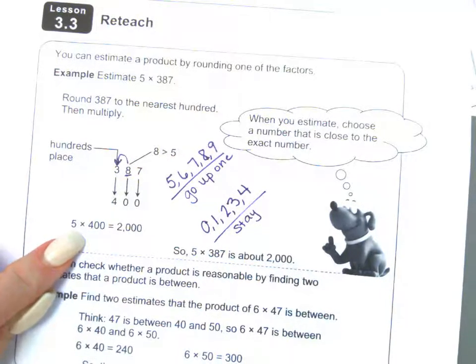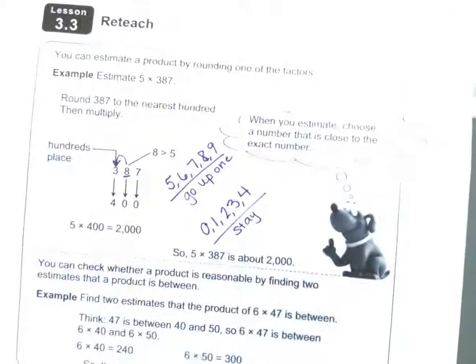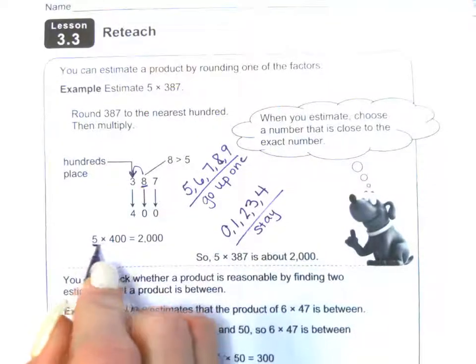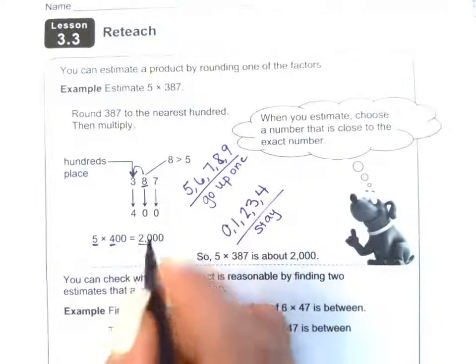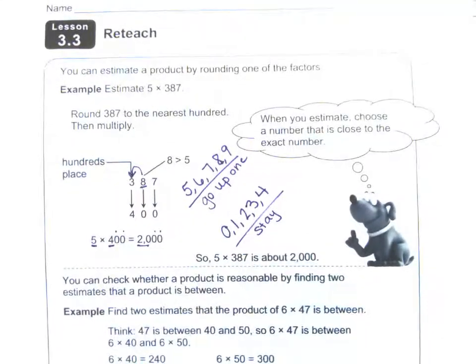Now it's quite simple to multiply like we did yesterday, where we found our basic math fact. So 5 times 4 is 20, and then we've got 2 zeros to put behind it.